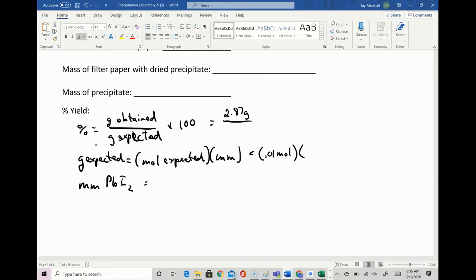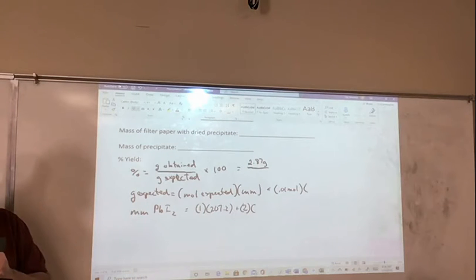Somebody look up the molar mass of lead for me, and the molar mass of iodine. 207.2 for lead plus 2 times molar mass of iodine. I'm getting 126.90.